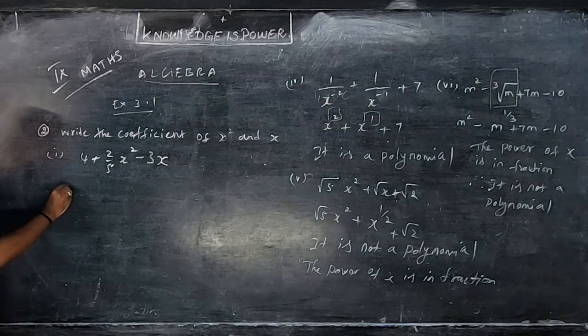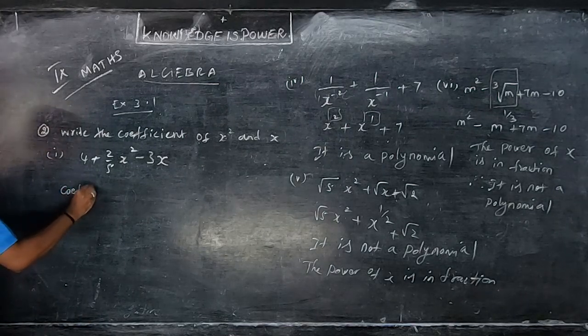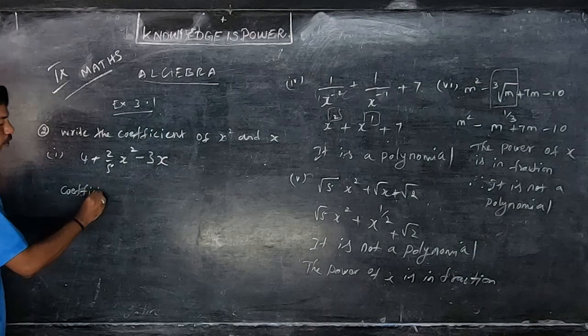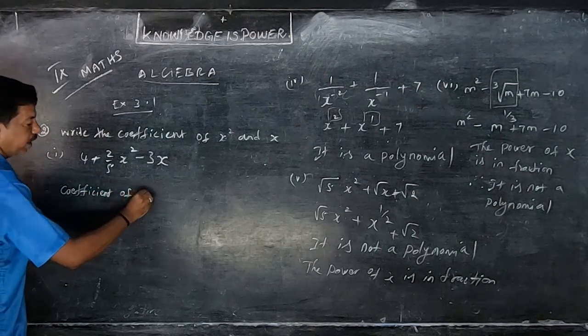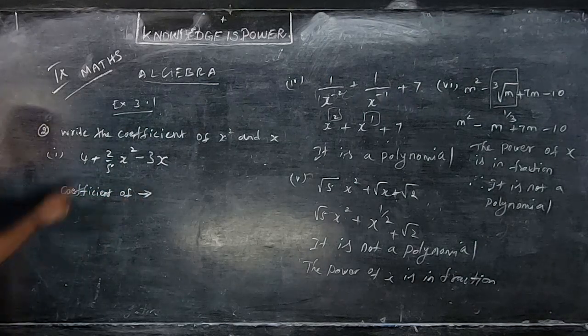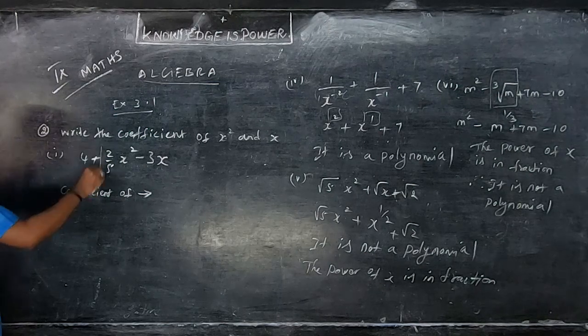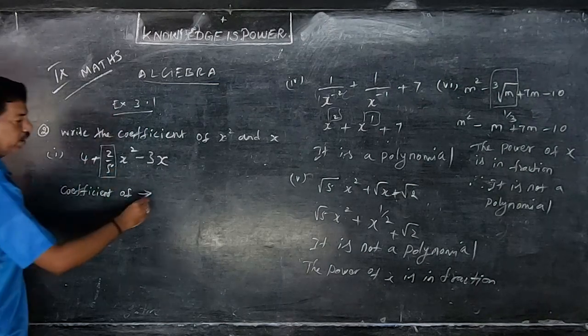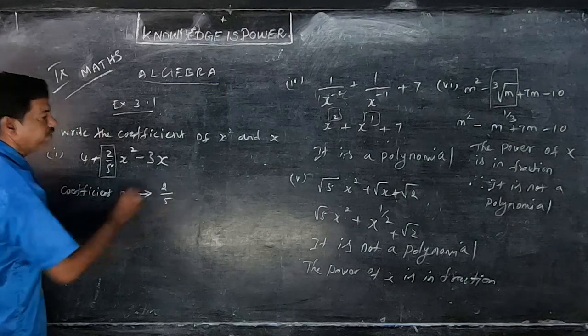Okay, coefficient of x square. The coefficient of x square is 2 by 5, so we have to write 2 by 5.